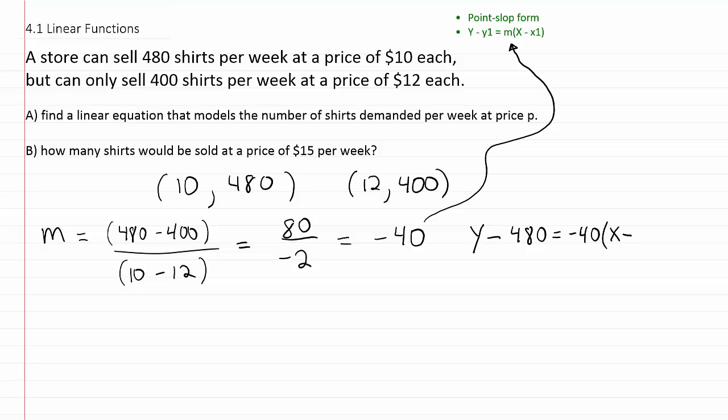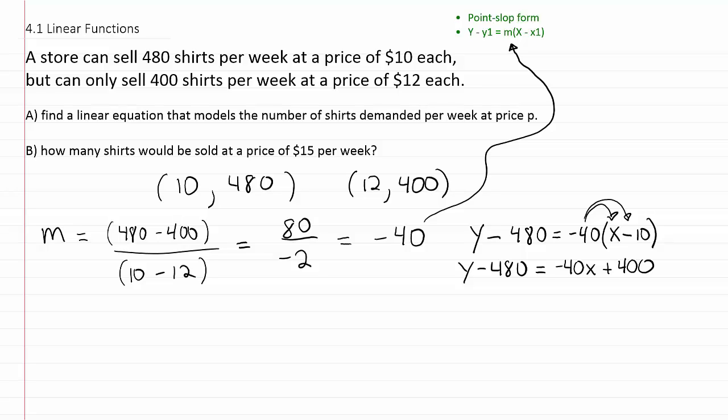Well, we took 480 to be our first y coordinate, so 10 will be our first x coordinate. We have to work with the values from the same point. From there we have y minus 480 is equal to negative 40 times x, which is negative 40x, and then negative 40 times negative 10 is a positive 400.